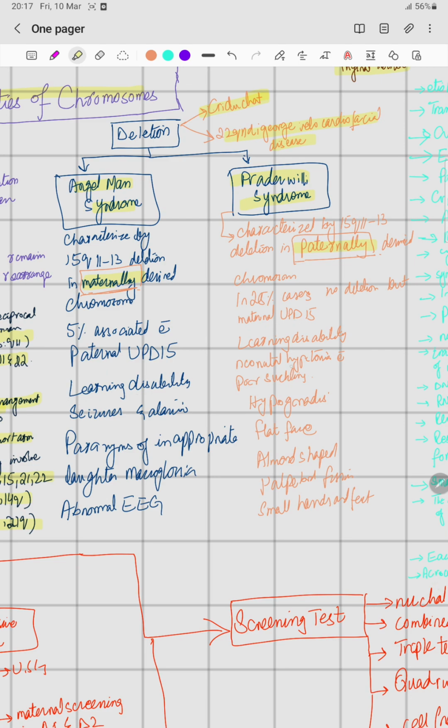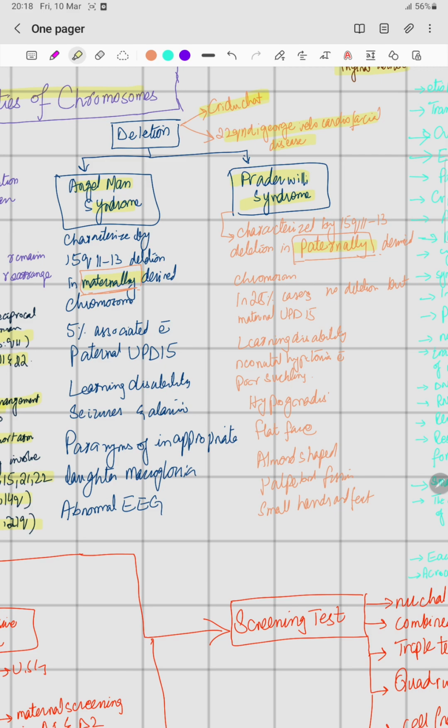Both have learning disabilities and seizures, paroxysmal inappropriate laughter, macroglossia, and abnormal EEG.